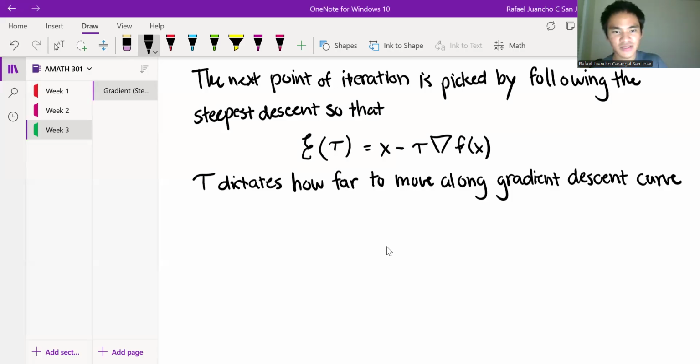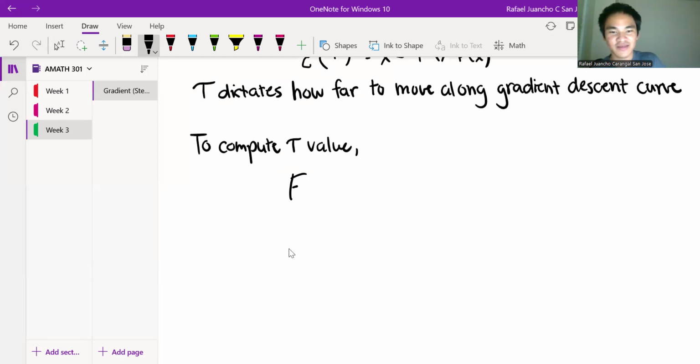Okay, so to determine or compute tau, we consider the construction of a new function. So now we make a new function just for tau, where we plug in some tau.